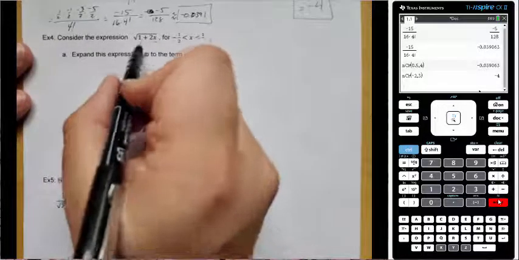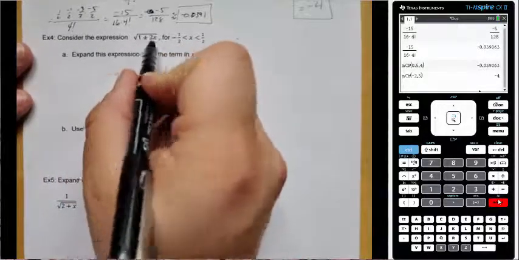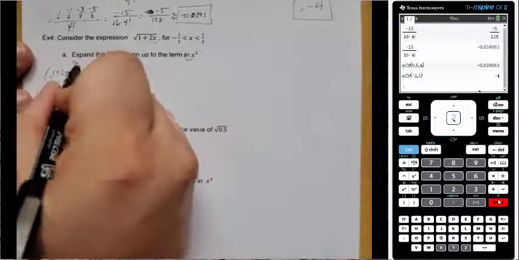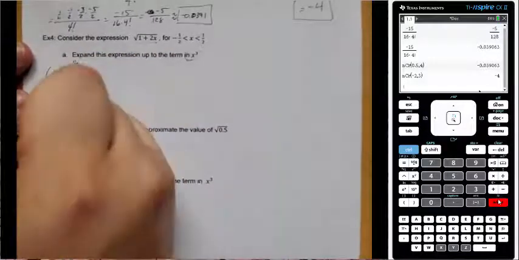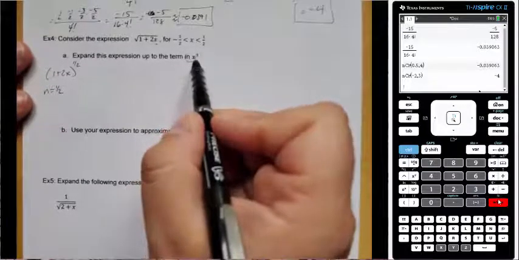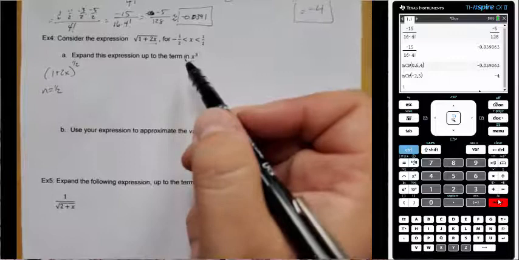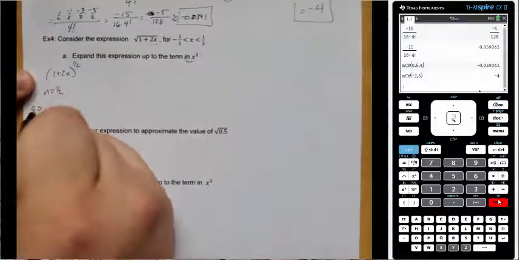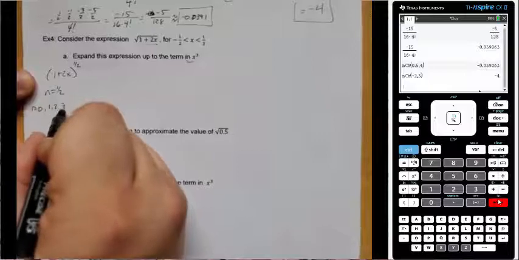First thing I notice is the square root of 1 plus 2x is the same as 1 plus 2x to the 1/2. So this is an expansion where n is 1/2. And I want to get to the x to the third term, so I'll write out my expansion until r equals 3. I'm going to go r equals 0, 1, 2, and 3.